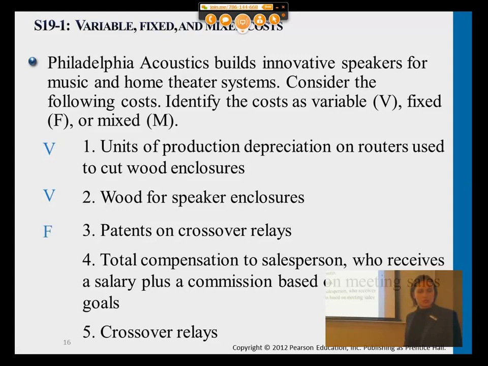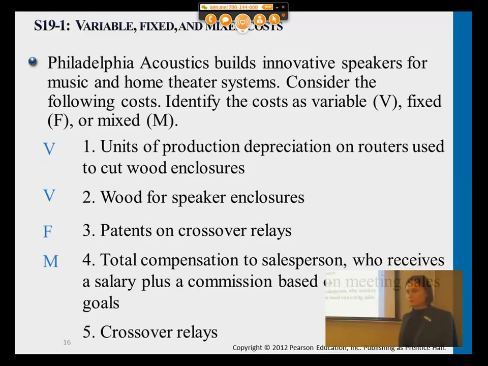Total compensation to salesperson who receives a salary plus a commission based on meeting sales goals. Mixed. Cool. Crossover relays. Part.